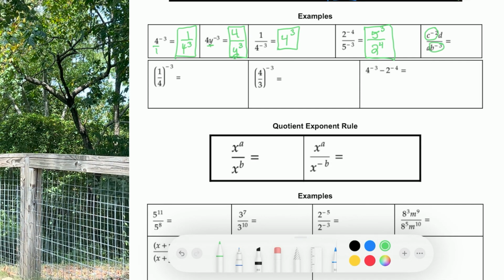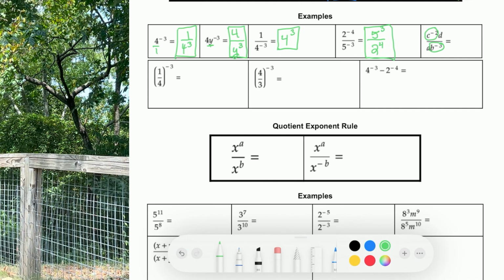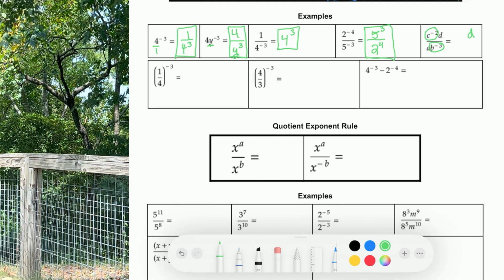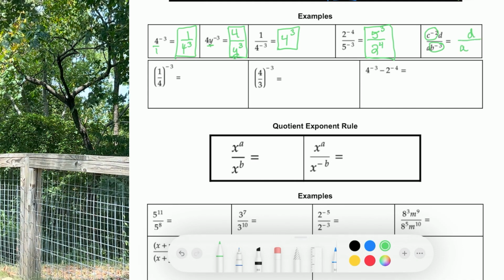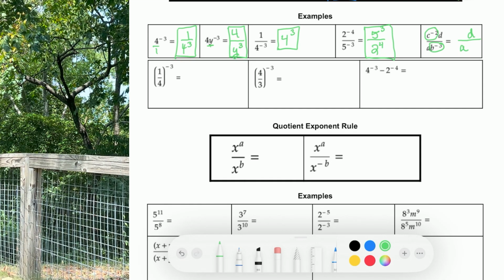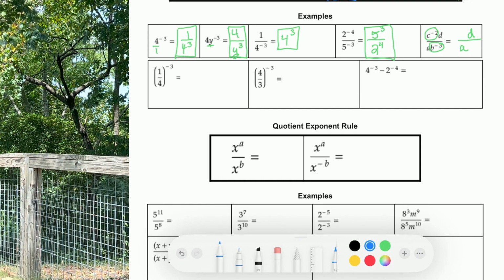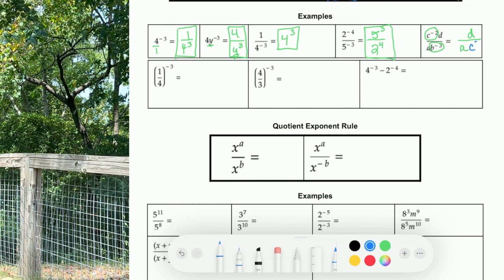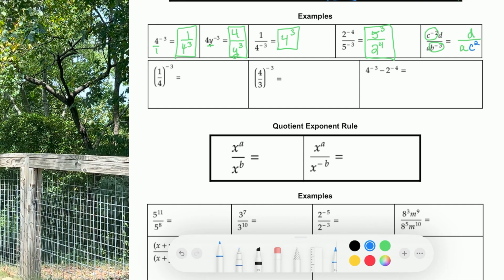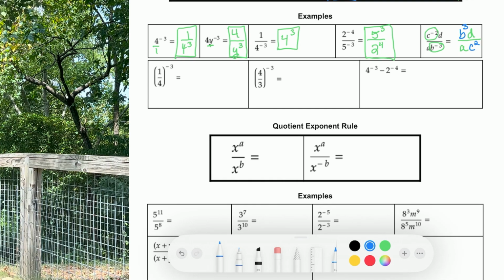They're not attached to those. So I'm just going to go ahead and write my d here. That stays. I'm going to write my a here. They don't move. And then I'm going to move my c to the bottom to get my power positive, and my b to the top to get that power positive. And we are done.